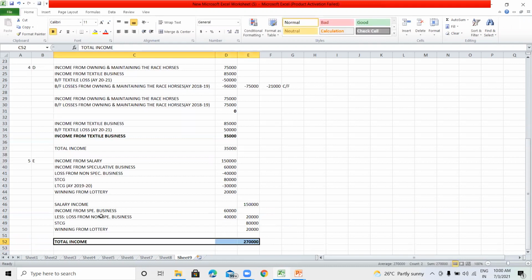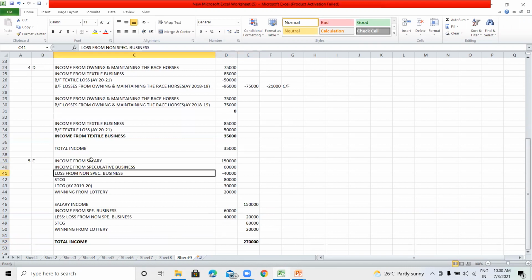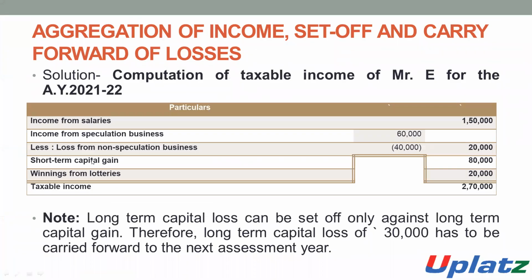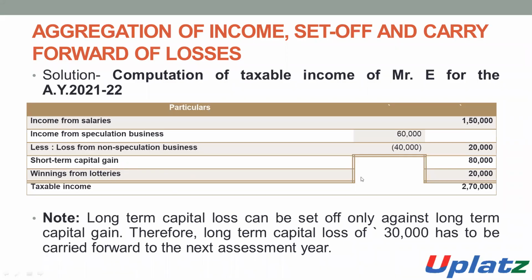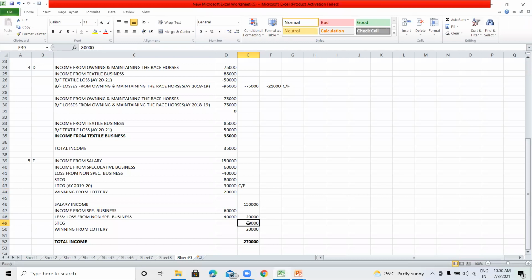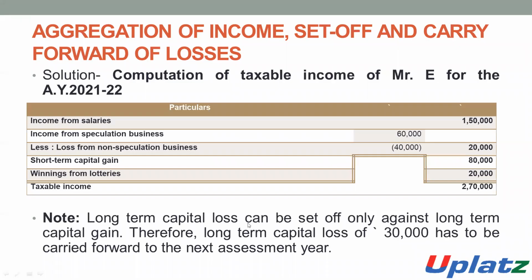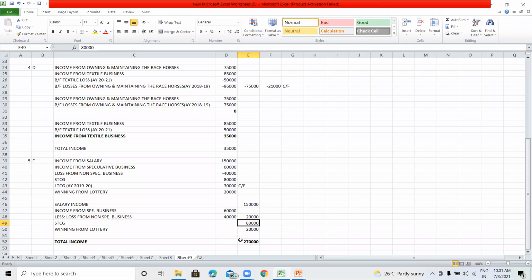So in this situation, 30,000 rupees will be carried forward. Salary income is 1,50,000, income from speculative business 60,000 less loss from non-speculative business 40,000, means 20,000 will be taxable. Capital gain is fully taxable, because the long-term capital loss cannot be adjusted with short-term capital gain. Winnings from lottery 20,000. So the total taxable income is 2,70,000.